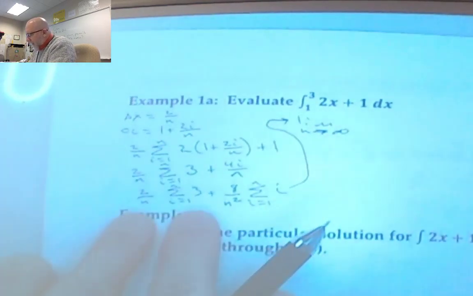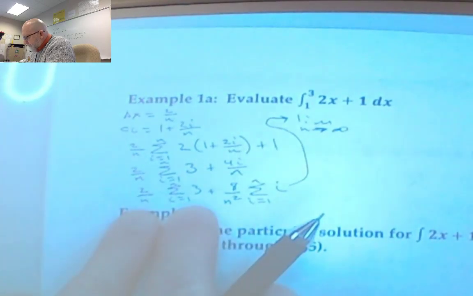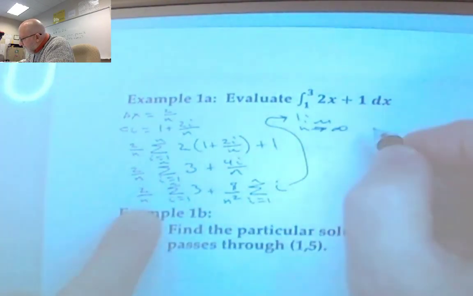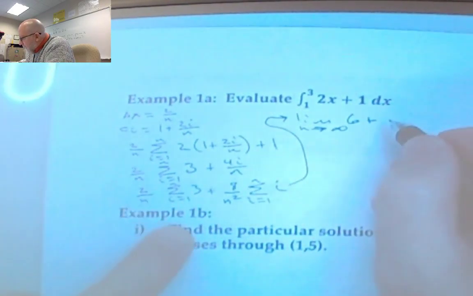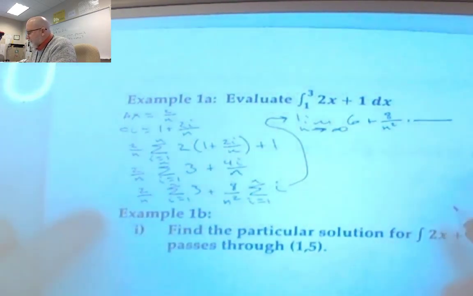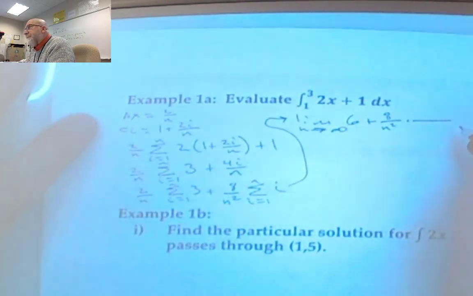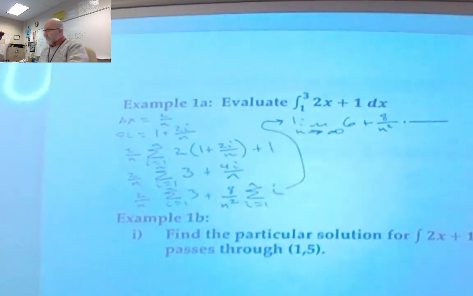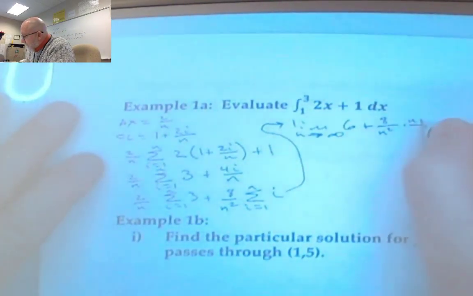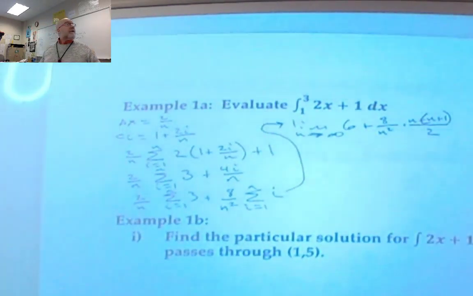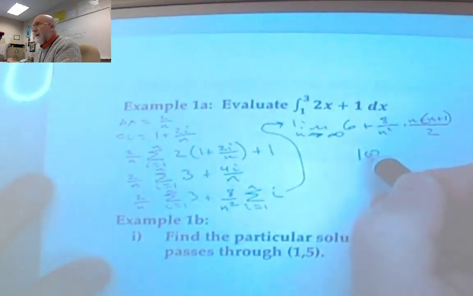Ooh, what does this become? 6. Plus, this is going to be 8 over n squared times what? n times n plus 1 over 2. Are you able to take the limit of that in that form, or do you want me to simplify it? It's going to be 10. Right?